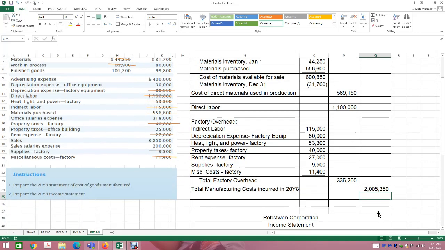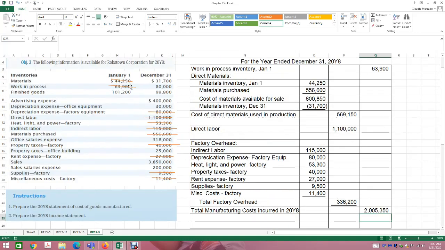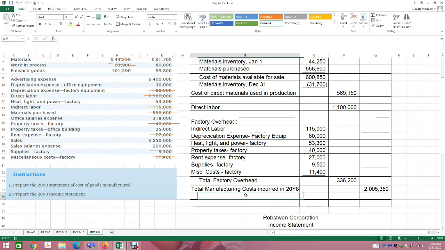The answer is no. If we look at the problem, at the end of the year, we have work in process of $80,000. So that means that $80,000 worth of goods are not finished. Okay, they still need to be processed further the following year. So I am going to deduct that from my total, and this is going to be my work in process inventory at the end of the year, which is December the 31st.